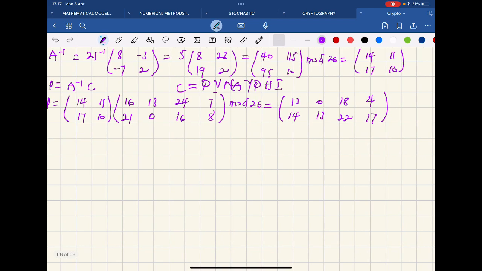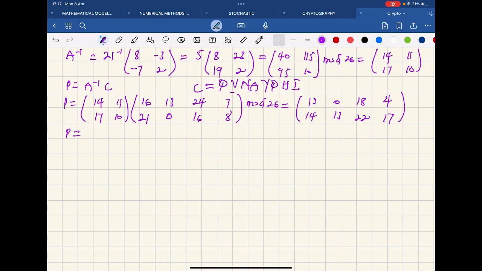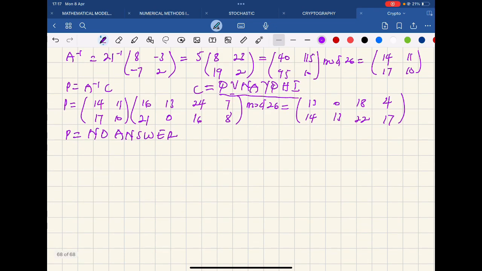Now, let's read this message. Our P will be equal to, what is 13? 13 is N, 14 is O, 0 is A, 13 is N, 18 is S, 22 is W, 4 is E, and 17 is R. So our plain text is NO ANSWER, and our cipher text is this over here, QVNAYQHI.